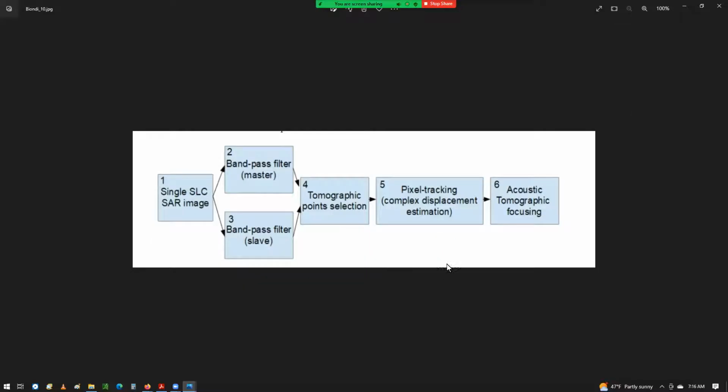So once they collect the data, this is how they process it. You get a single SAR image. SAR is synthetic aperture radar. This SLC mode is just the way they receive and store the data.